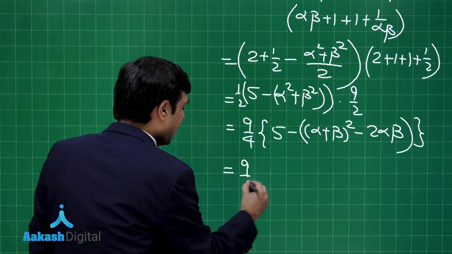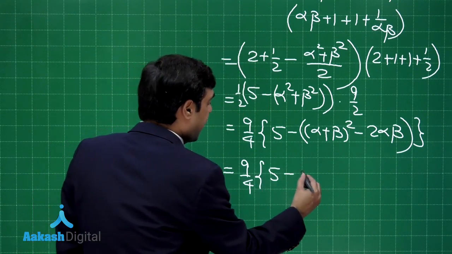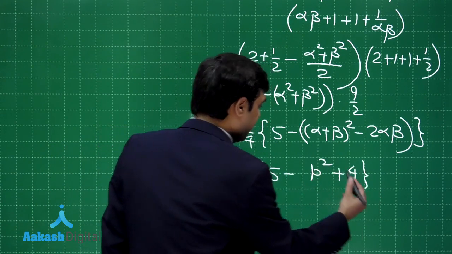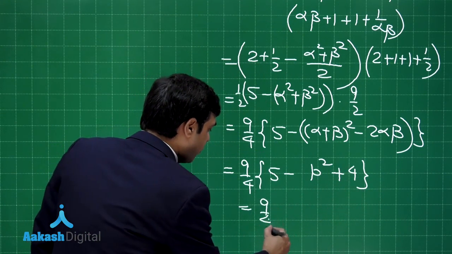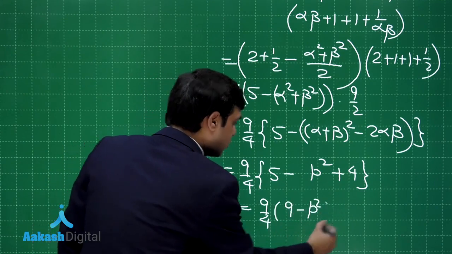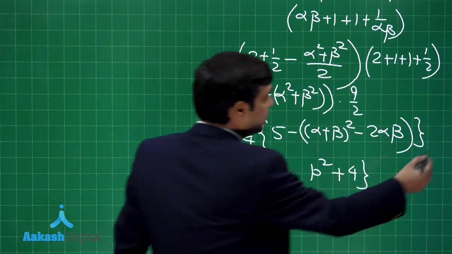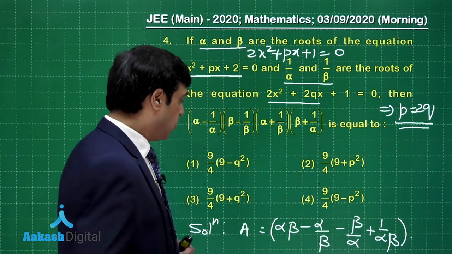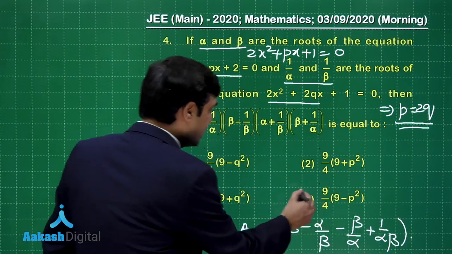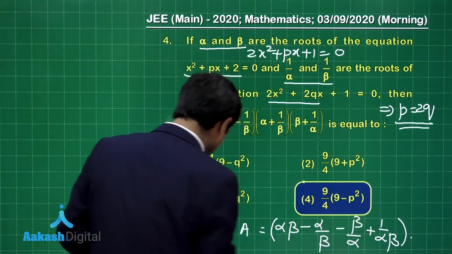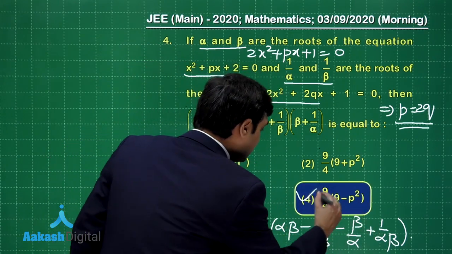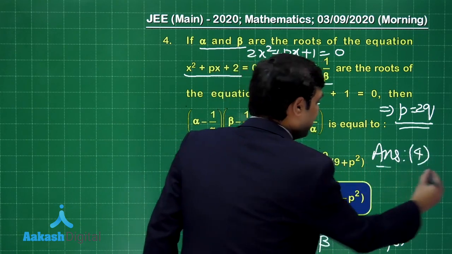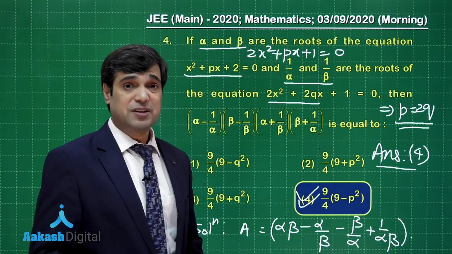So this is 9 by 4 multiplied with 5 minus p square plus 4, or simply 9 by 4 into 9 minus p square. Let's check from the given options whether we need to continue in p or change to q. 9 by 4 into 9 minus p square is given to me as option number 4, so that's the required choice. So let's mark and mention it as the required result. I'm sure this is also clear.